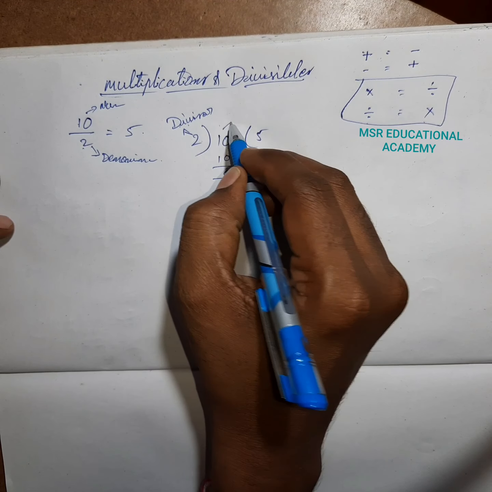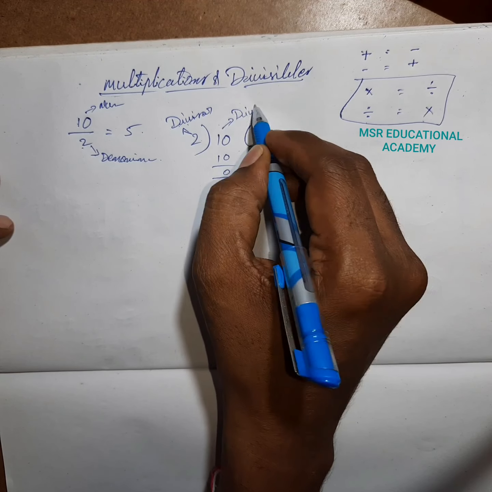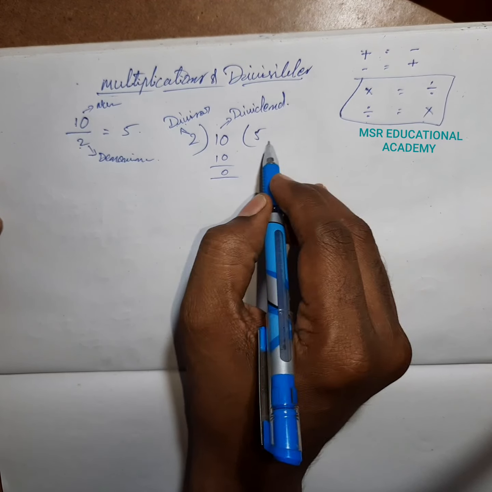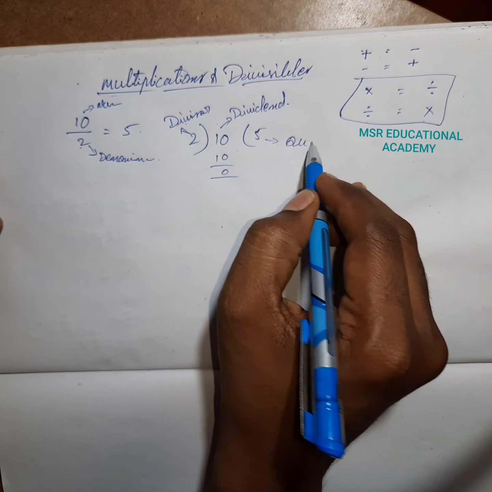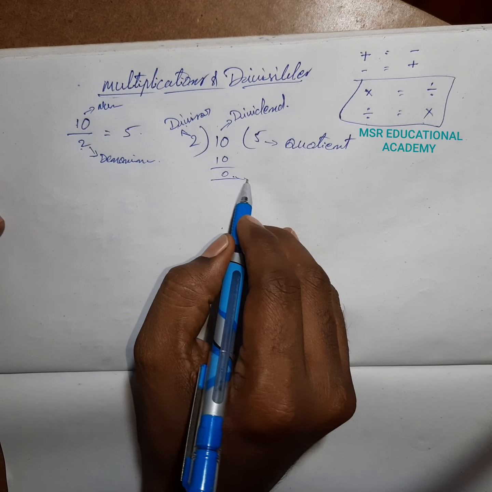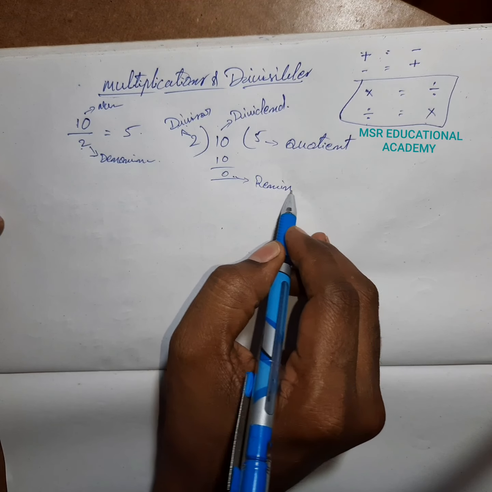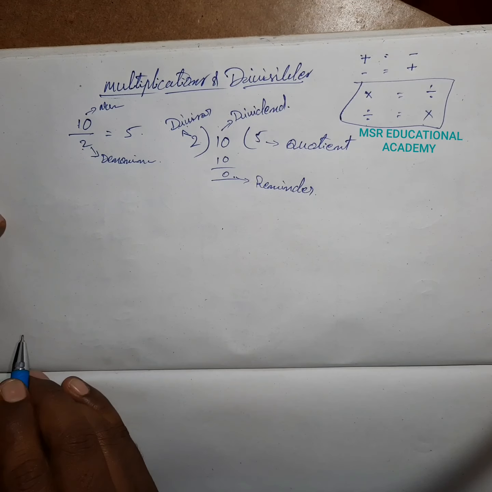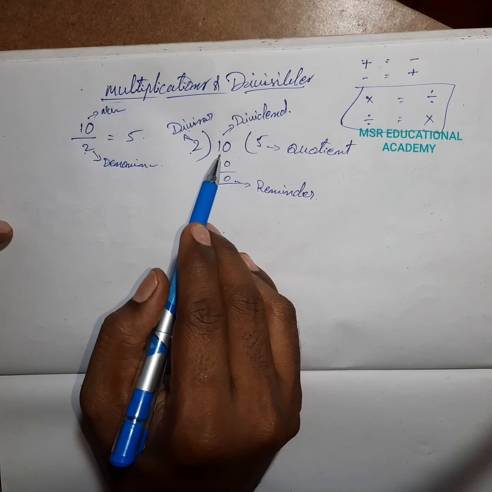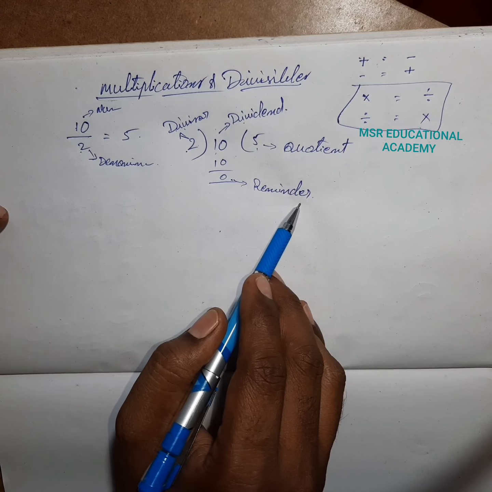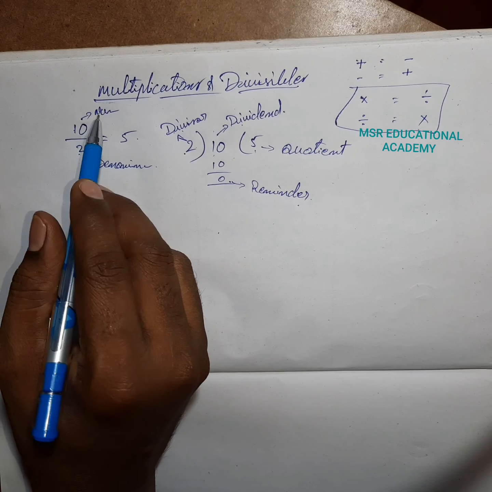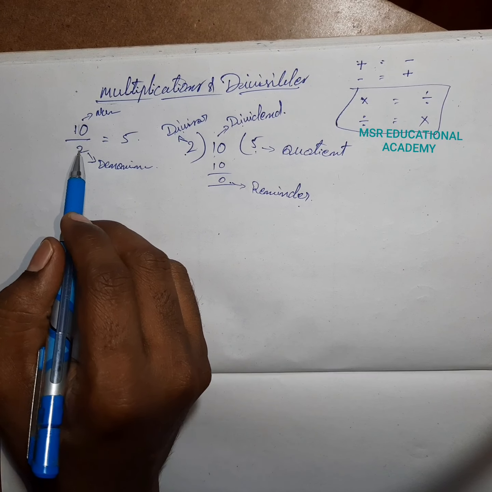This middle value is called the dividend, and whatever the answer is, this is the quotient value. This is the remainder. Here the remainder is nil. So the divisor is 2, the dividend is 10, the quotient value is 5 and the remainder value is nil.